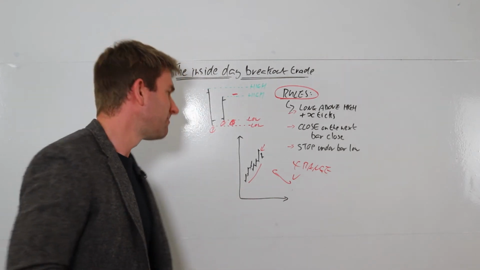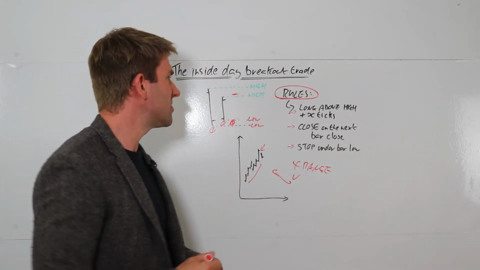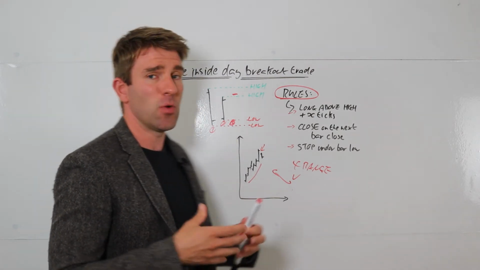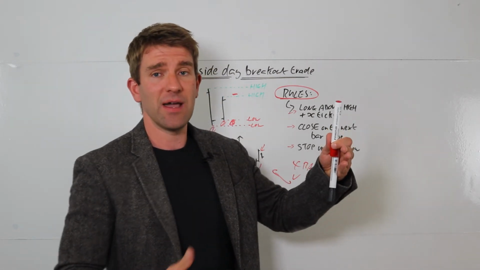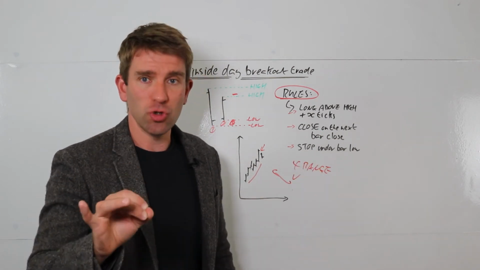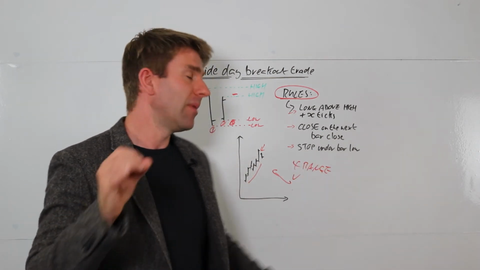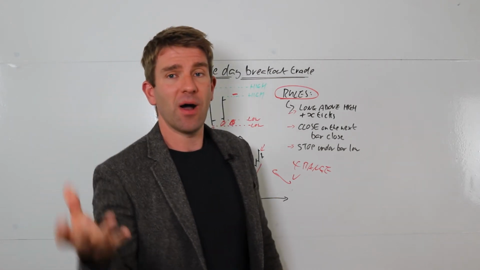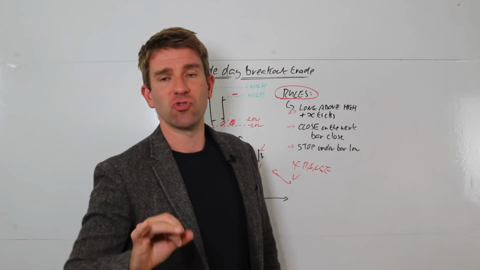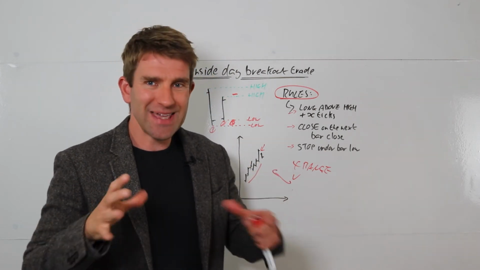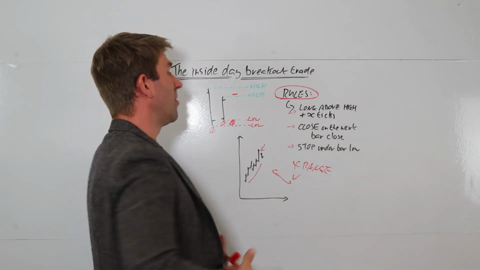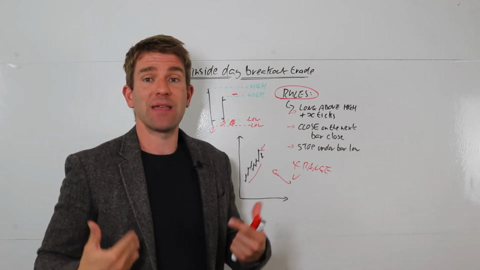In other words, there is an argument to say that you go short under the low of an inside day, wherever it is. So you put a buy stop above the high to get in, put a sell stop below the low to get in. You could do that, and I think that's fine, but you could add an extra bias and say only take long trades in an uptrend or only take short trades in a downtrend, or whatever it may be. So you can add one or the other rule to it, but traditionally you can say, okay, I'm just going to take a breakout of that and expect that that is the one day.